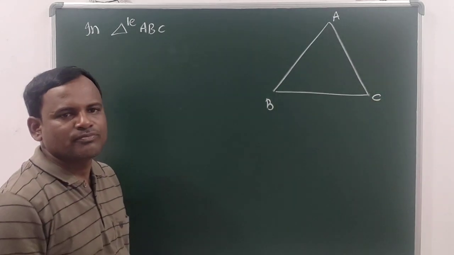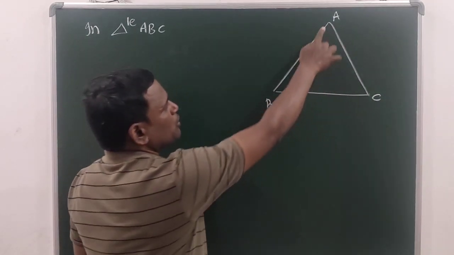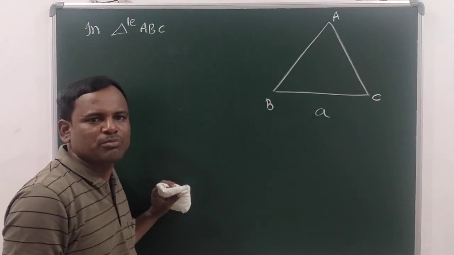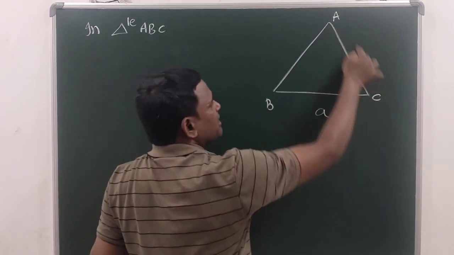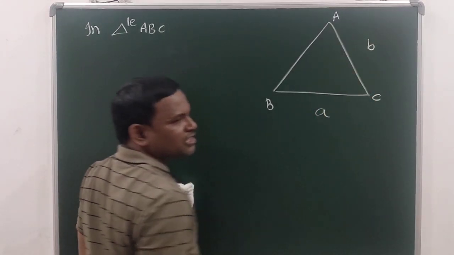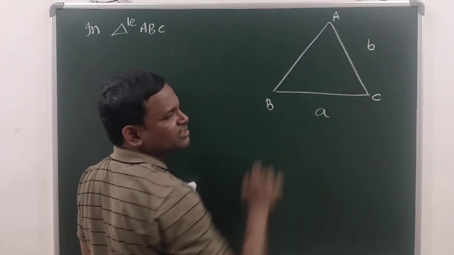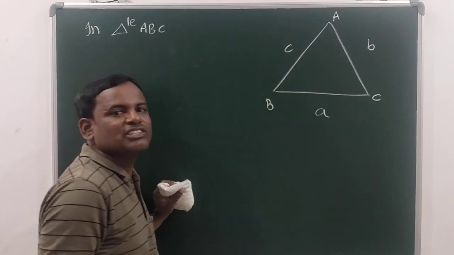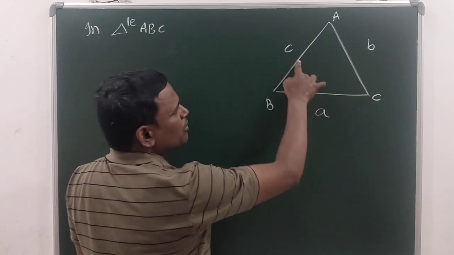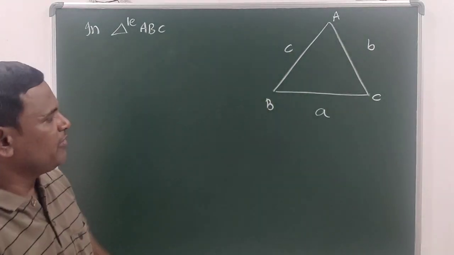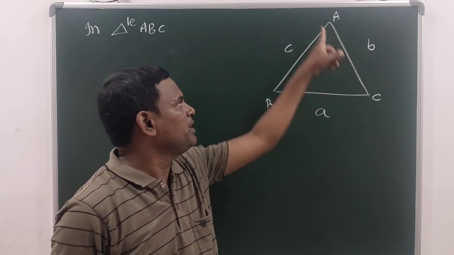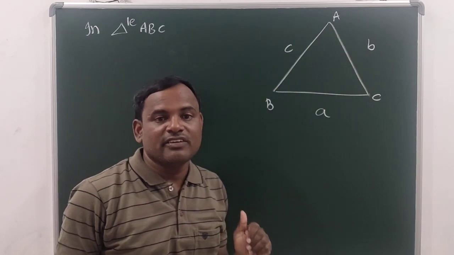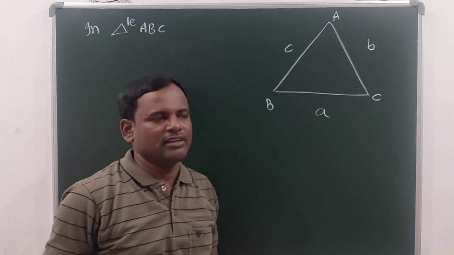As you know, the side which is opposite to vertex A, that is BC, whose length is represented by small a. AC length is represented by small b because it is opposite to vertex B. AB length is denoted by small c, opposite to vertex C, where small a, small b, small c represent lengths of sides of this triangle ABC.